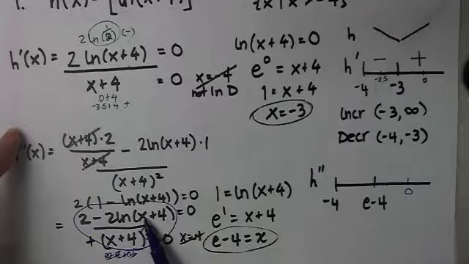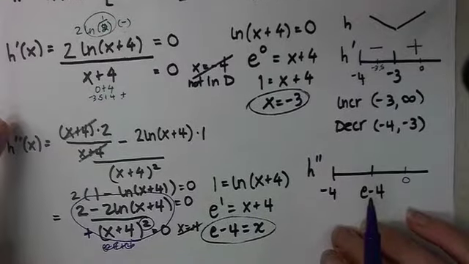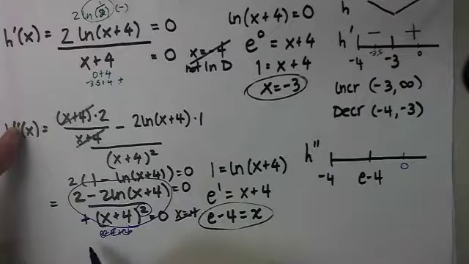If we plug in e minus 4 up here, we get 2 minus 2 ln of e minus 4 plus 4. Oh, wait, we can't plug in. Sorry, we're plugging in 0, not the critical number. Obviously, if we plug in e minus 4, we're going to get 0. That's how we found it.